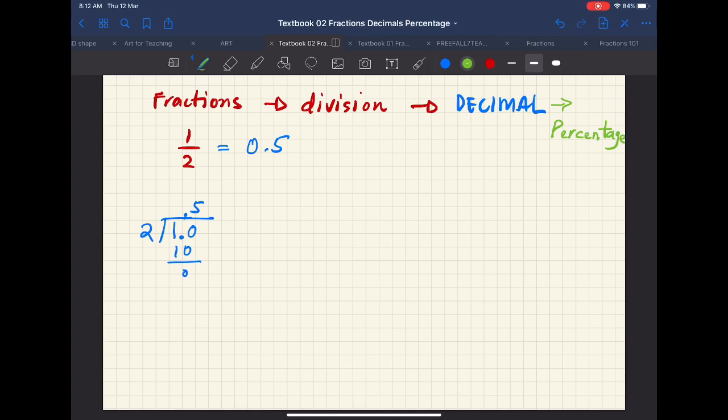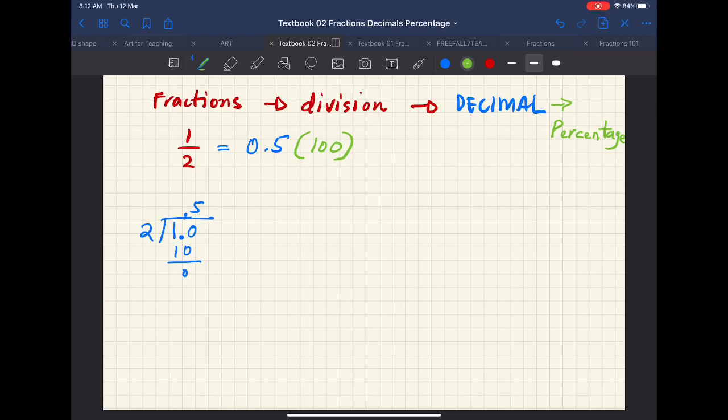So all you need to do to change a decimal into a percentage is to multiply it by 100. That's it.